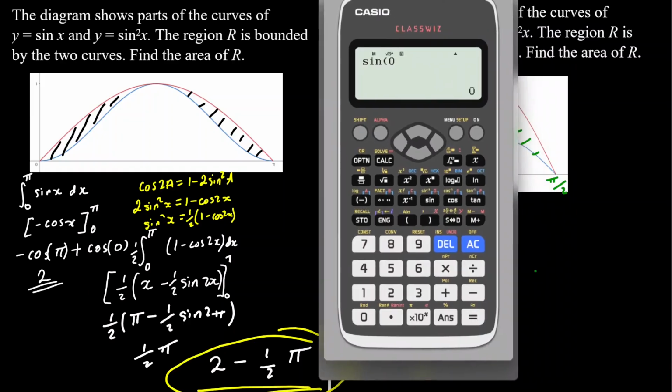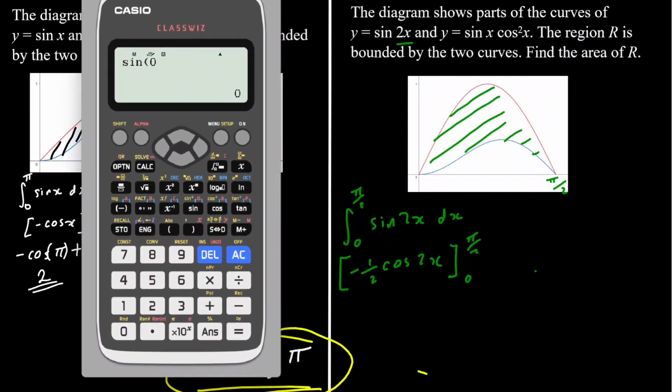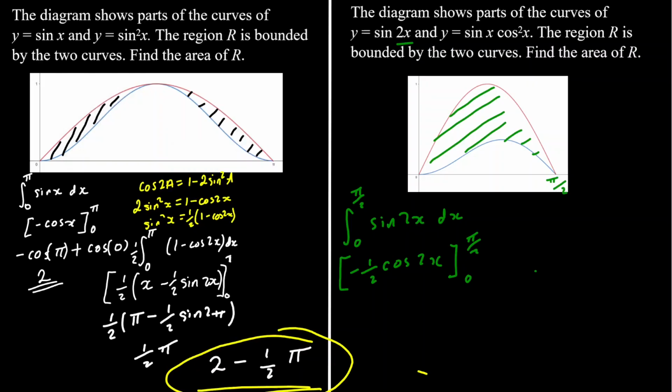So we have minus a half of cos pi, which is a half, minus a half of cos 0, which is 1. So this is 1.